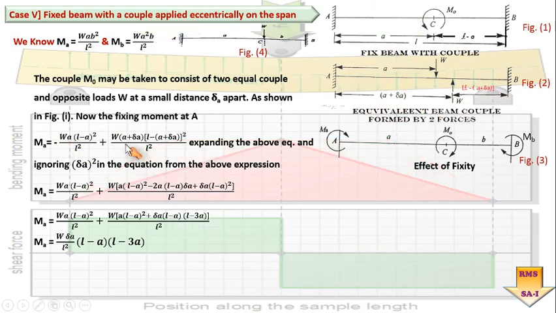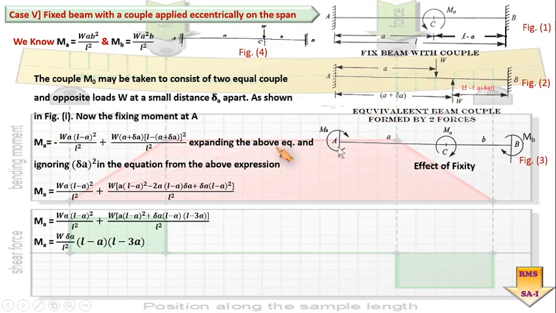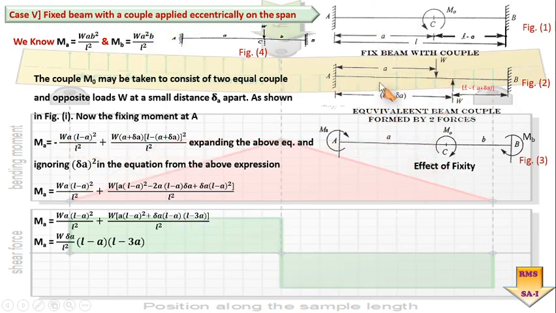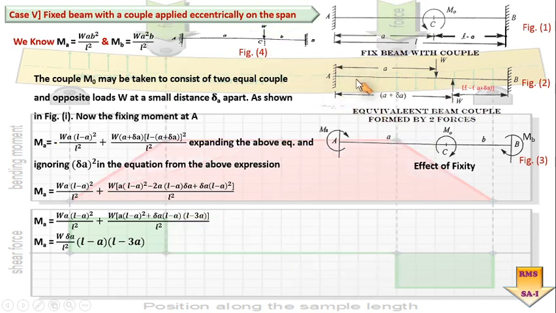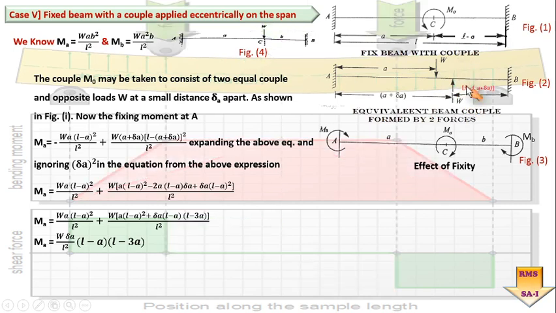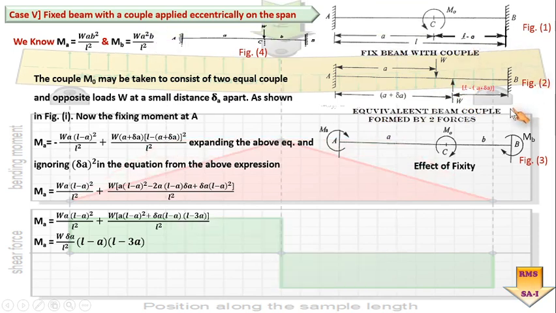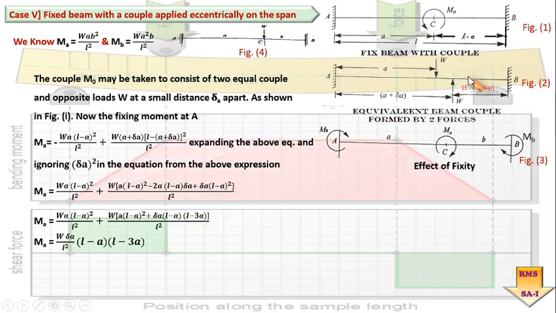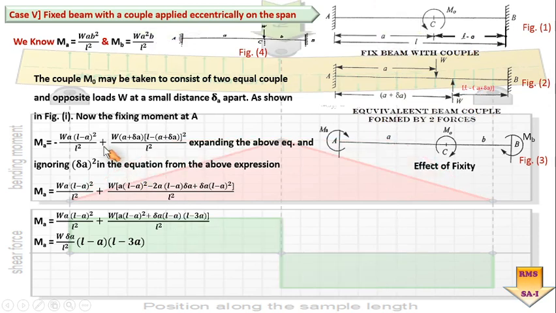So minus and plus have that particular significance. This W acting downward gives an anticlockwise fixity moment, so minus. If this W is acting upward, the fixity moment has to be in the clockwise direction, so it is taken as positive.